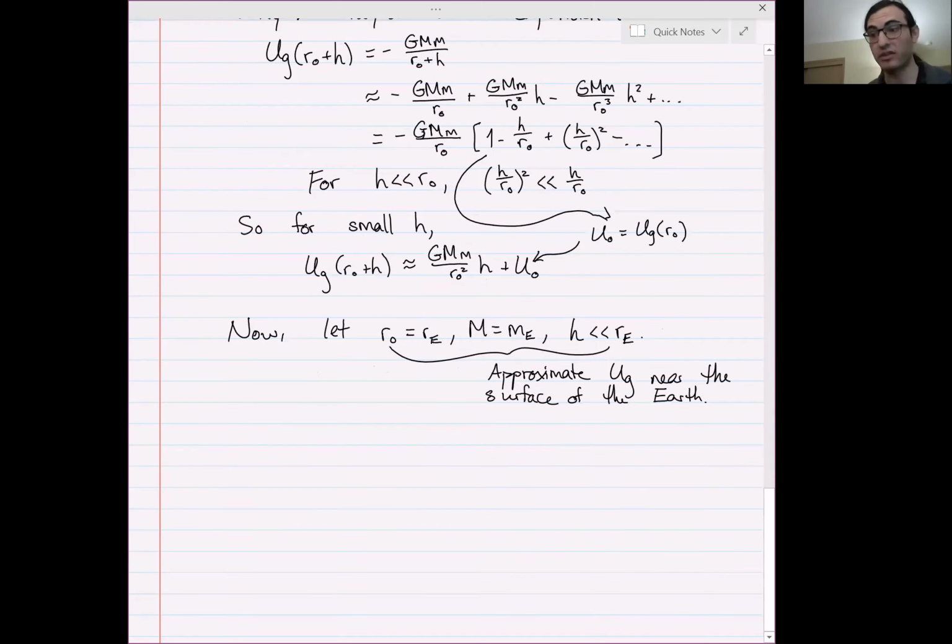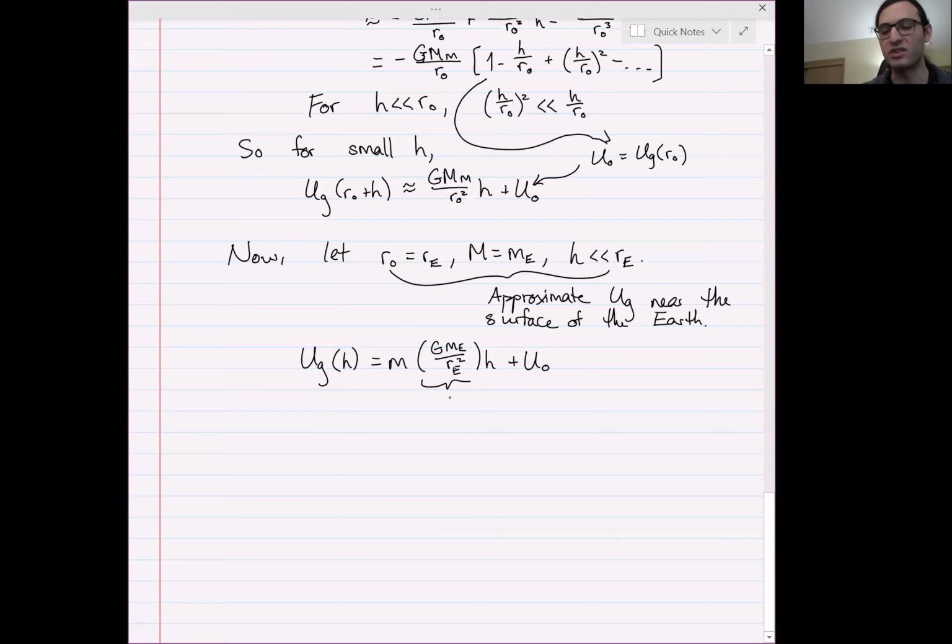Doing so, we find that the gravitational potential energy, as a function of h now, because r naught is just a fixed number, the radius of the Earth, is m times G M_E over R_E squared times h plus U naught, which is just some constant, so we don't care about it.